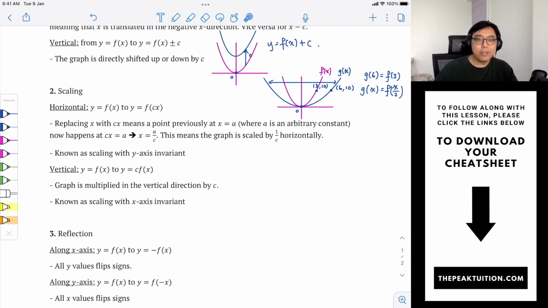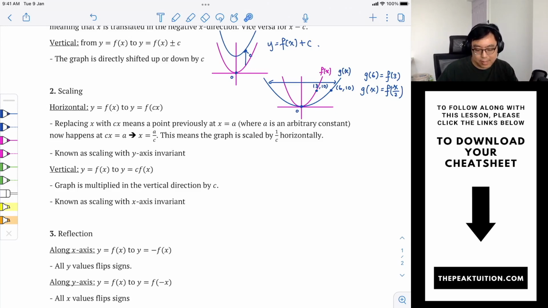Again, in the horizontal scaling, it is a little bit not very intuitive because you multiply the x by 2, but then the graph scales by half. The graph squeezes by half. It's a little bit counterintuitive. It's more like you're modifying the input.